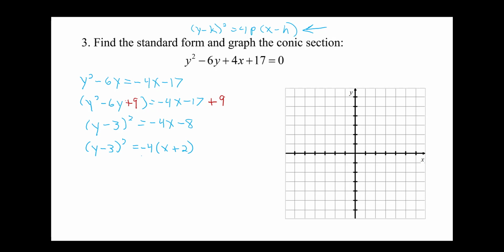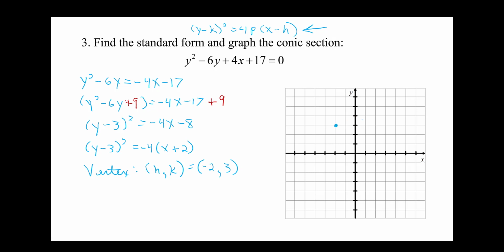We know that our vertex is (h, k). And that would be equal to, here, x minus h would give us a negative 2 for the x coordinate of the vertex, and y minus k would give us 3 for the y coordinate of the vertex. So we have (negative 2, 3) right here. Here's our vertex.